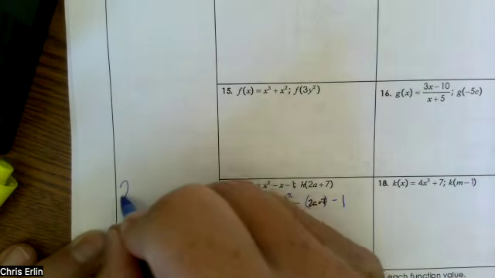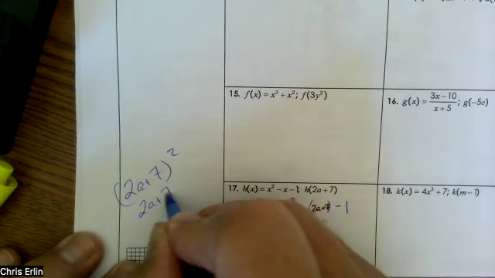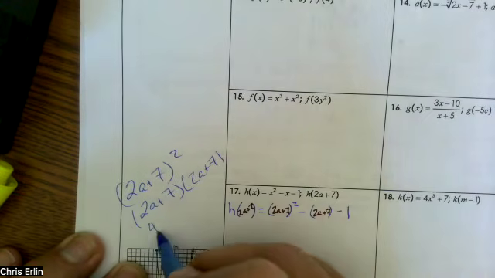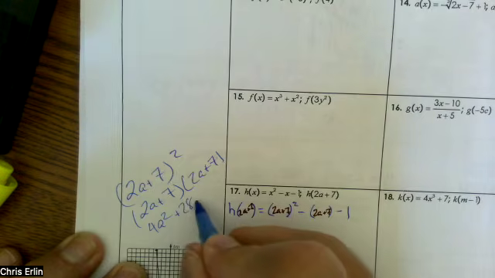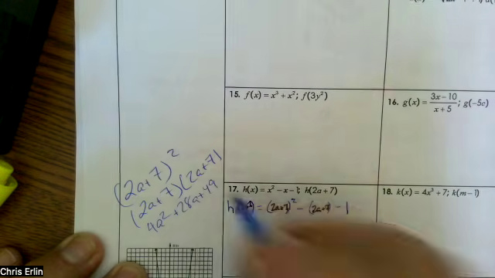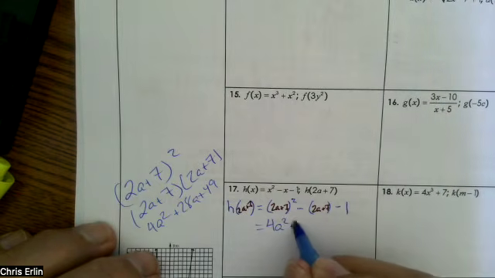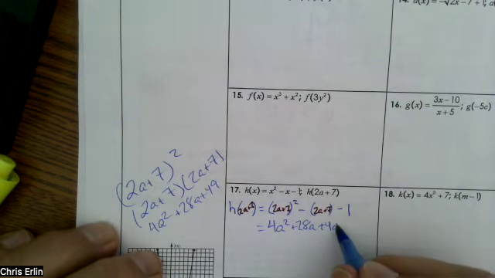And we've still got this idea of how do we FOIL that out? 2a plus 7 squared is the same as 2a plus 7 times 2a plus 7. So I'm going to get 4a squared plus 14a plus another 14a is 28a plus 49. So 4a squared plus 28a plus 49.